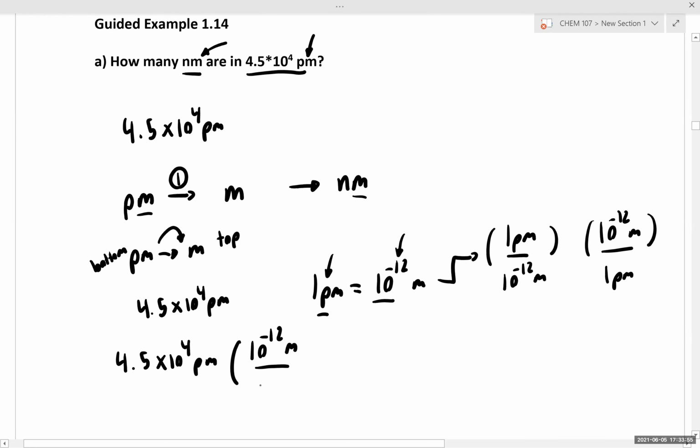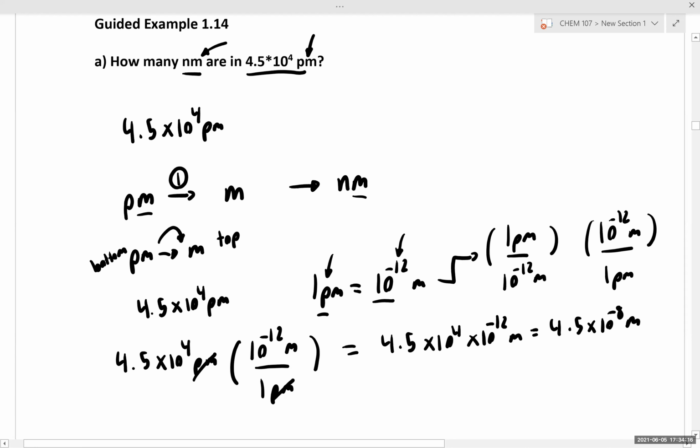So we'd have 10 to the negative 12th meter per picometer. Picometers are also on the bottom, so the units cancel. And that in turn gives us 4.5 times 10 to the 4th times 10 to the negative 12th meter, which gives us 4.5 times 10 to the negative 8th meter. So we checked off our first box here.